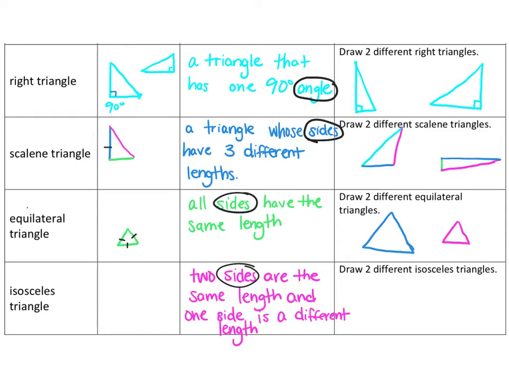When they're all different, we show this side is different from this side, which is different from this side. So on our isosceles, it's going to be two sides are the same. So these two are the same, and then this one is different. All right, let's try another one.